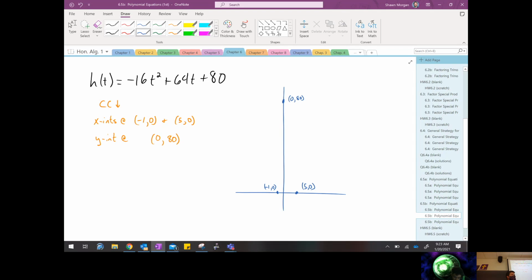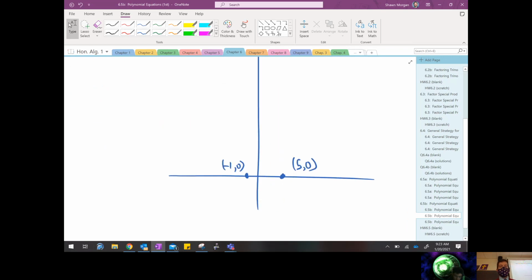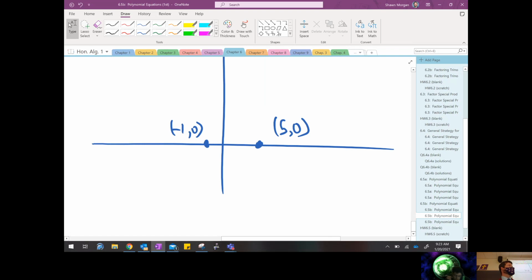Do we remember talking about symmetry the other day? I think I referenced an episode of The Office, maybe. Talked about Hillary Swank. Okay, so remember, symmetry is where it's the same on both sides. And what's that line called, that imaginary line that we draw down the middle? The axis of symmetry. It's going to split the difference between our x-intercepts.